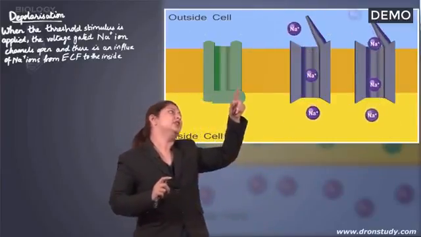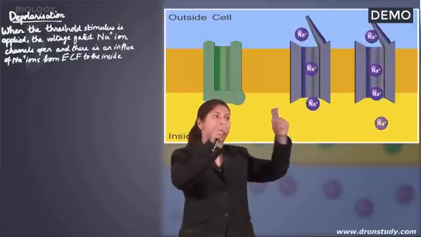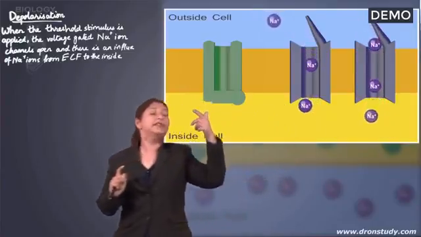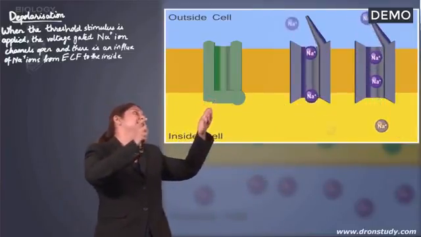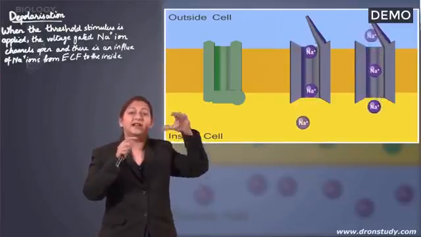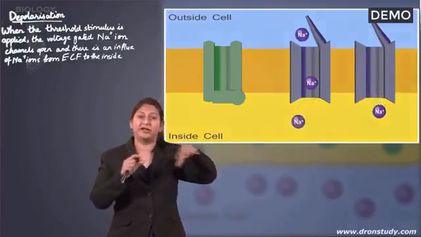Then the rapid flow of the sodium ions inside creates a difference in the local electric potential.